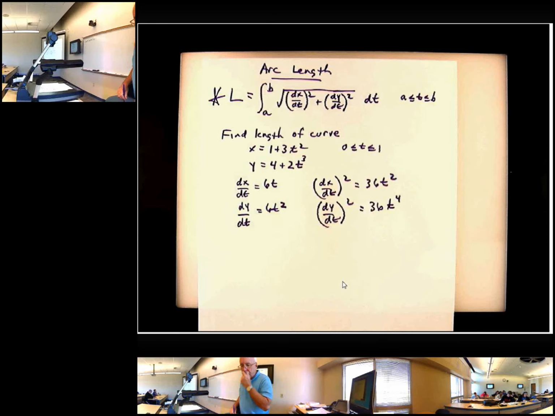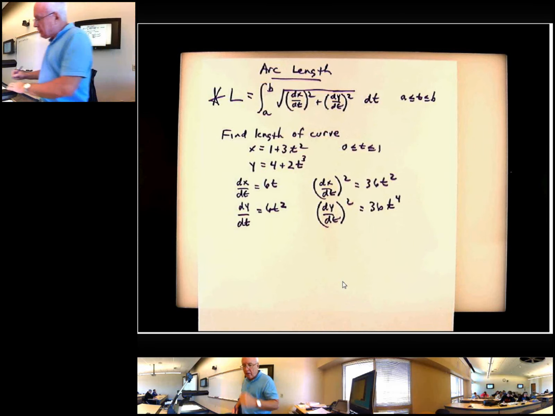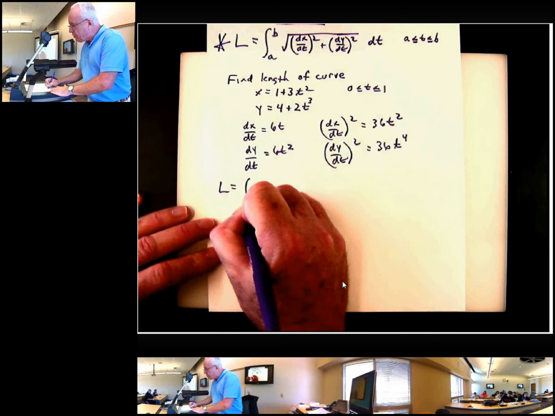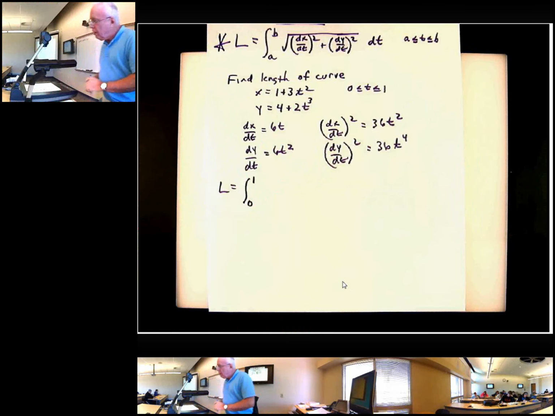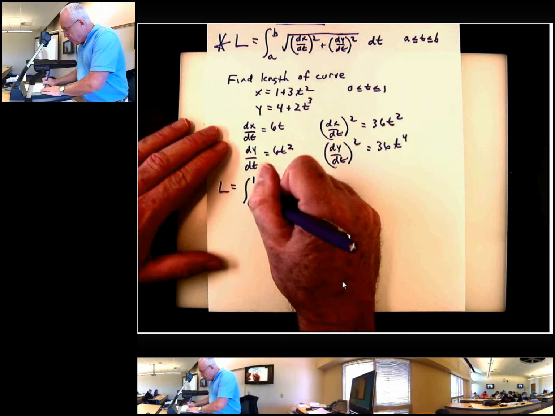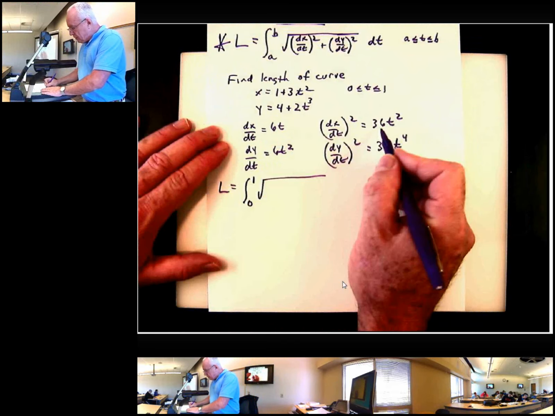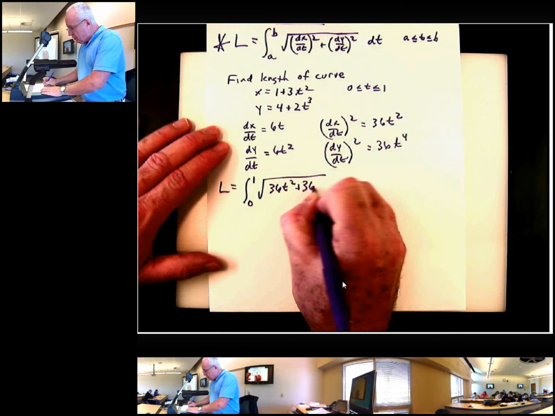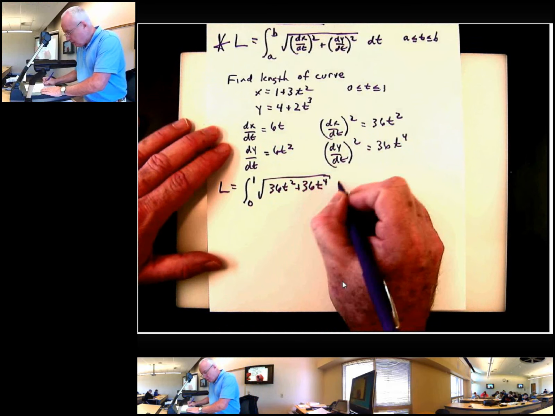Okay. All right, so let's get our integral going here. It's going to be the integral from 0 to 1 of the square root of 36t squared plus 36t to the 4th, dt.